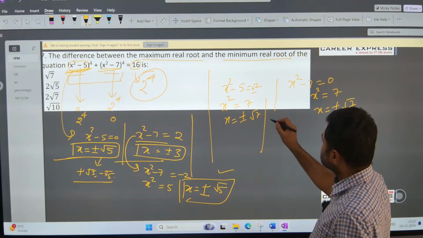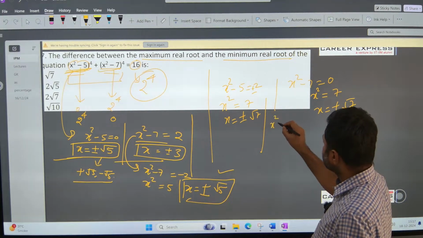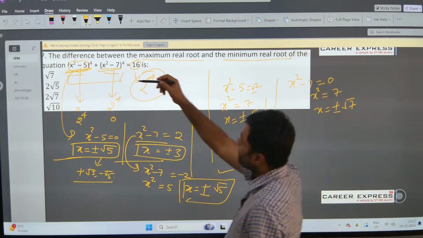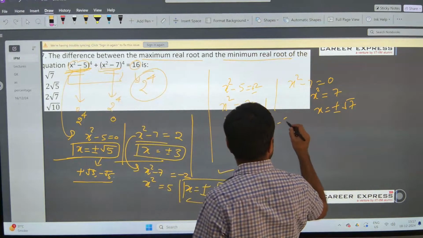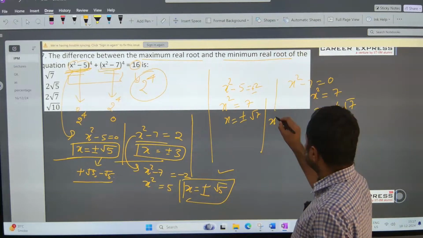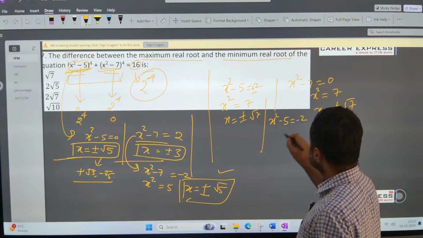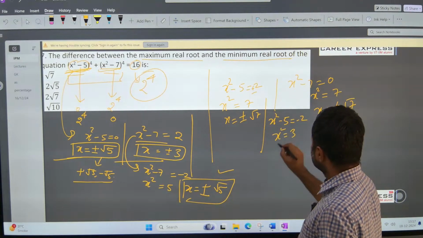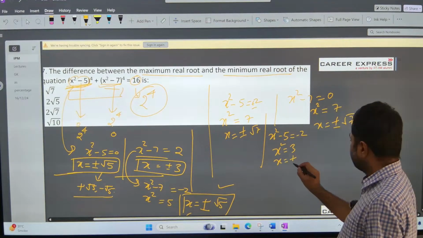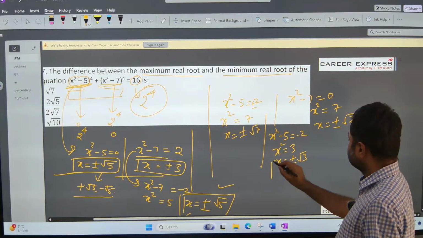If I take x square minus 5 equal to minus 2, so x square will be 3, hence x will be plus or minus root 3.